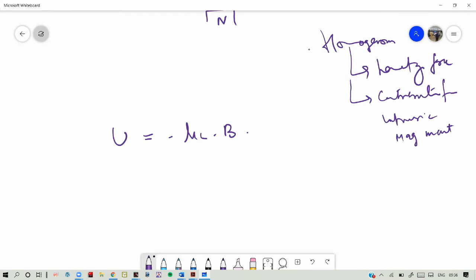And we know that this is a vector. mu L has an i component in x, a j component in y, and a k component in the z direction.